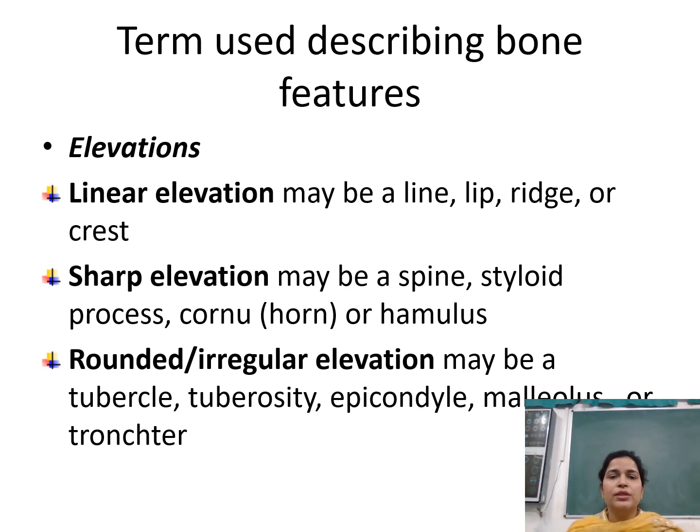Okay, so what is linear elevation? In the introduction to the topic, we also studied different terminologies related to the limbs. Then there are the movements which take place at different joints.